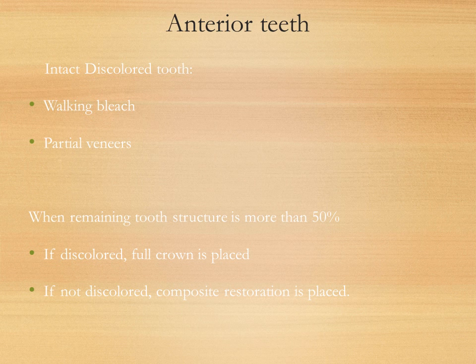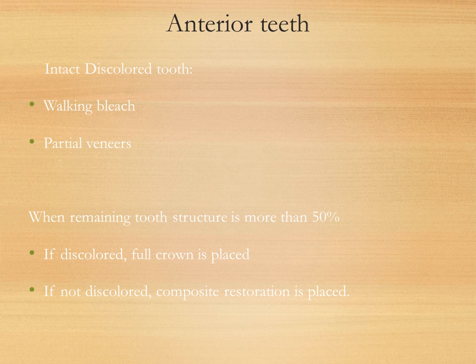Now coming to the anterior teeth, this is what I was talking about. If you have an intact discolored tooth without any loss of tooth structure, probably after your endodontic treatment you can just prescribe your walking bleach technique, or in-office you can use your thermo sensitive bleach, or you can go ahead with your veneers.